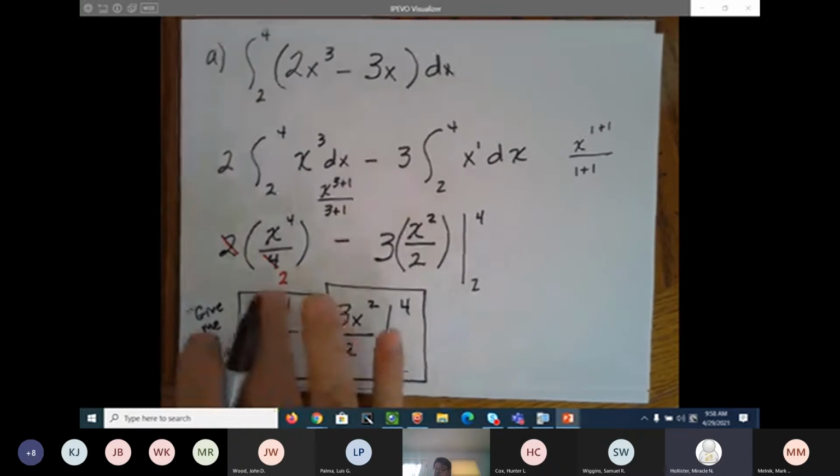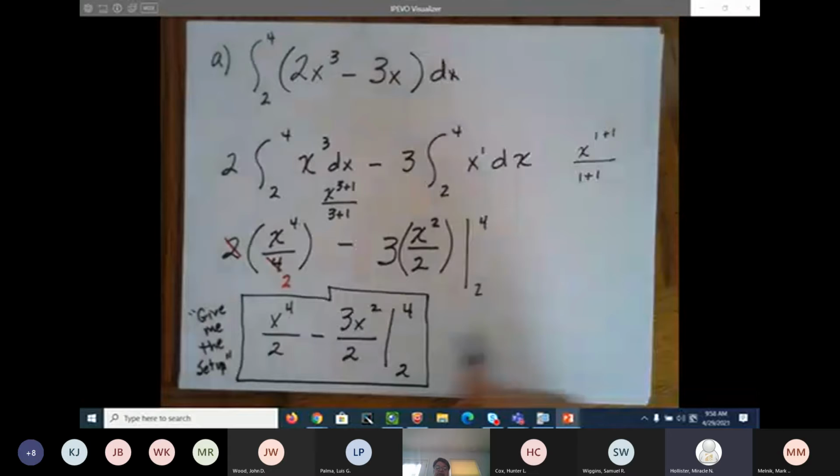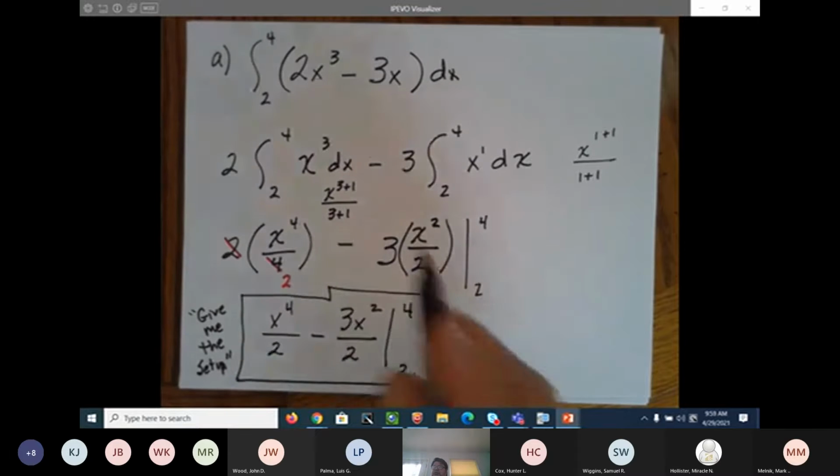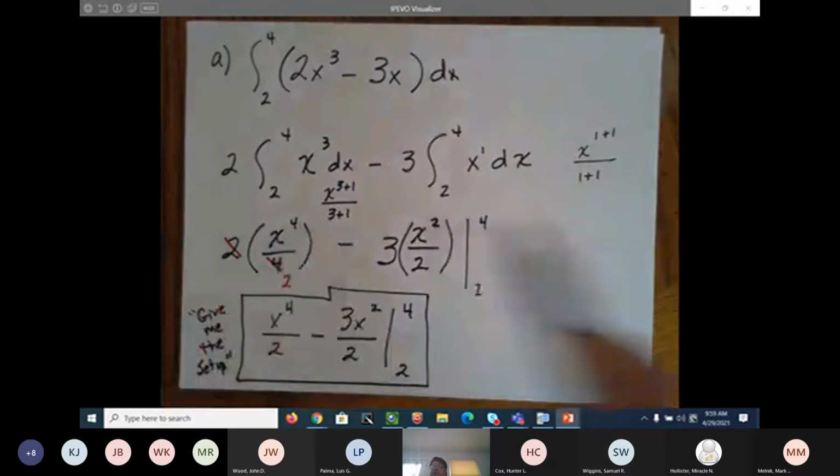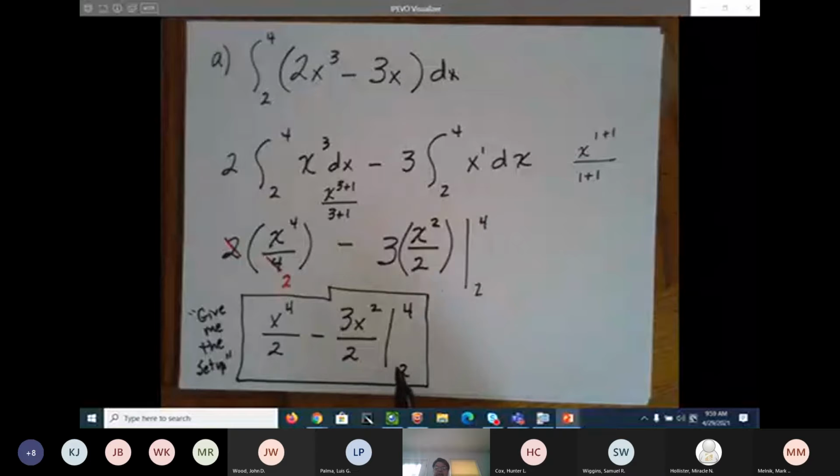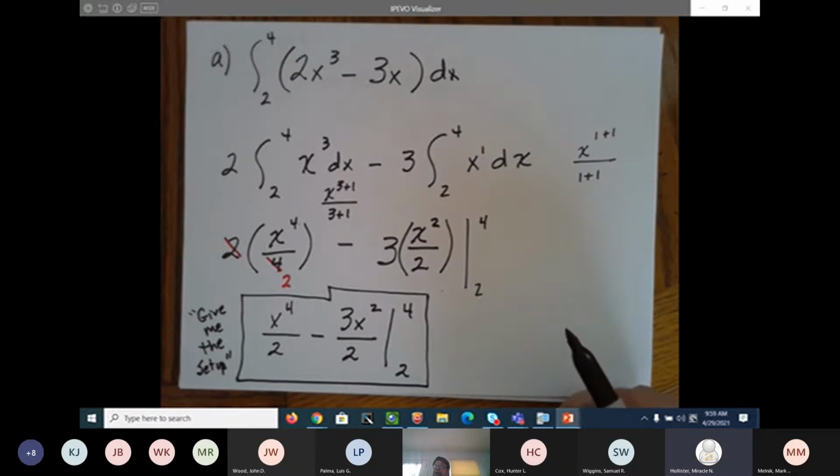Write that down, because when you're reviewing this in Calc 230, the directions may just say, give me the setup, or what is the setup? This is the setup. Because what is the rest? What subject of mathematics is the rest of this problem? Basic math, pre-algebra, basic math. A calculus teacher is not going to judge you on whether you can work a calculator or do basic math.